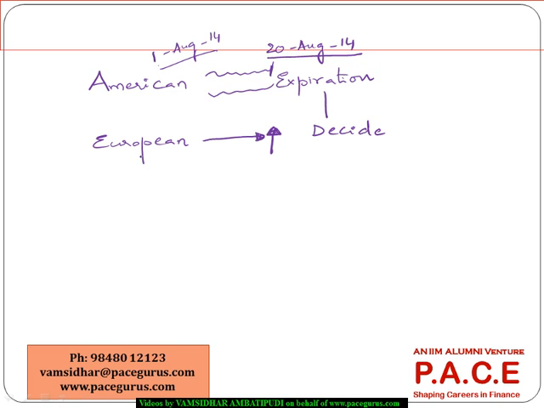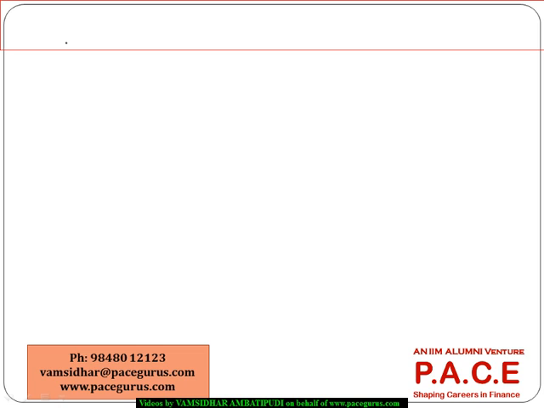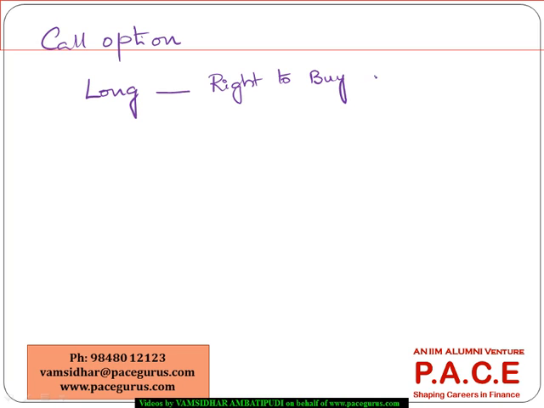Now let's spend some time understanding what happens as a part of the call option. When we talk about a call option, I always talk in terms of position. From a long position, he has the right to buy the asset in future at a fixed price. Right?